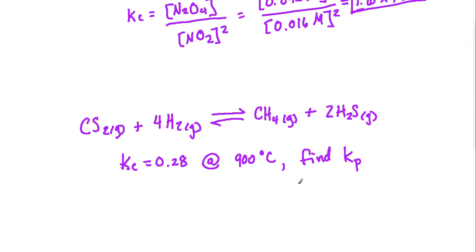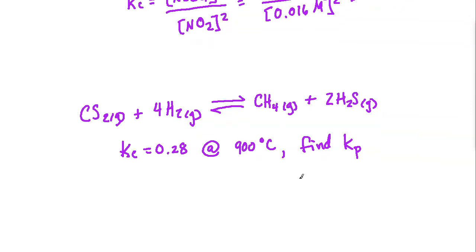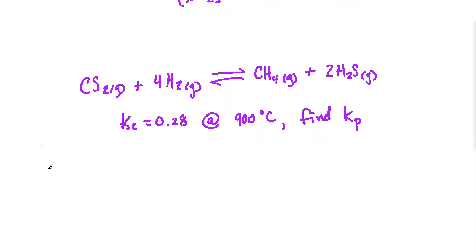So what we want to do is calculate Kp using the Kc value, using RT, and then finding the difference in the molar ratios between reactants and products. So let's first find that molar difference. We can write it as delta little n equals the total stoichiometric moles on the product side.